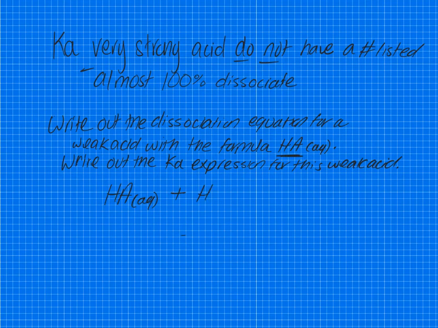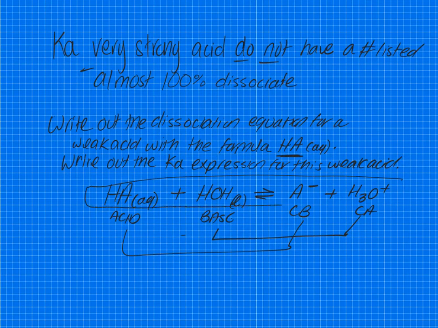So dissociating in water, we're going to write it with water. Remember that if this is the acid, it has to donate its hydrogen, so it becomes A negative. And if this is the base, it has to accept a hydrogen, so it becomes H3O. So this is the base, this is its conjugate acid, this is the acid, this is its conjugate base. Okay, so here is the first part of the question, to write out the dissociation equation.